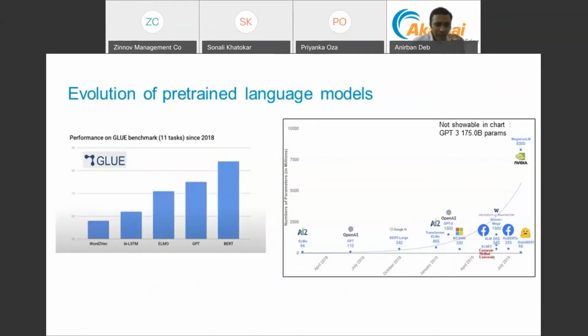As you can see, it started with word2vec and ELMo, and then GPT and BERT, and 84% accuracy is what you will get. The GLUE benchmark is the General Language Understanding Evaluation benchmark, and on the right side you see the complexity of the parameters. It's just started to shoot up.